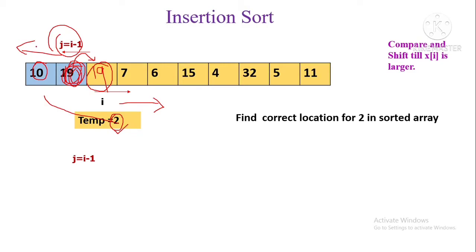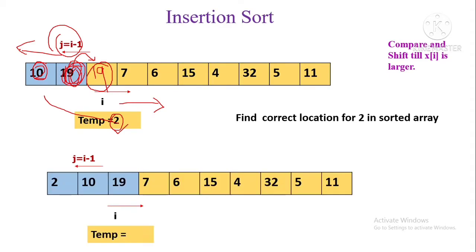Further I cannot decrement j value because already I have reached the 0th index. So simply I am going to store this 2 in this particular position, I will insert this value in the first position.